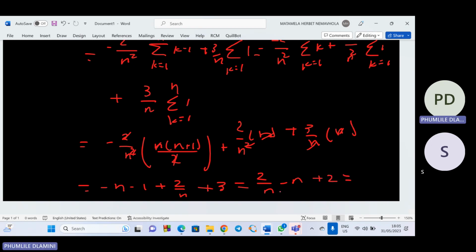We can even leave it in this format so that we don't make mistakes. But if we check properly, our answer is going to be this one times this, which is 2 over n squared.